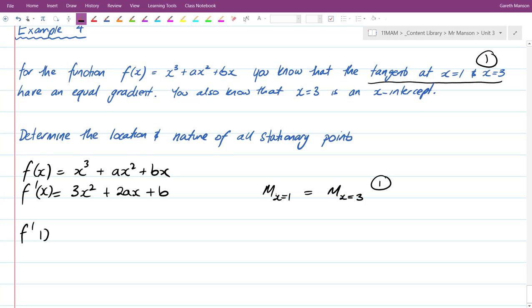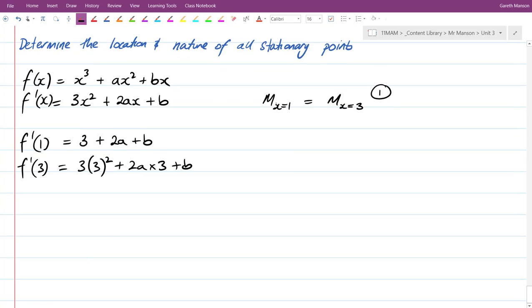So I'm going to use that. f dash of 1 is equal to 3 plus 2a plus b, and f dash of 3 is equal to 3 times 3 squared plus 2a times 3 plus b, which I'll just do a quick simplification. 3 squared is 9, times 3 is 27.